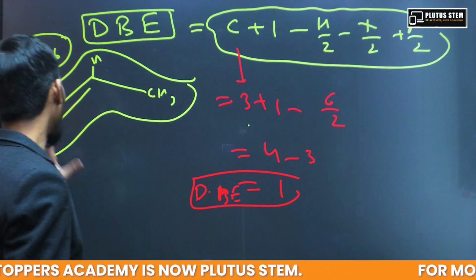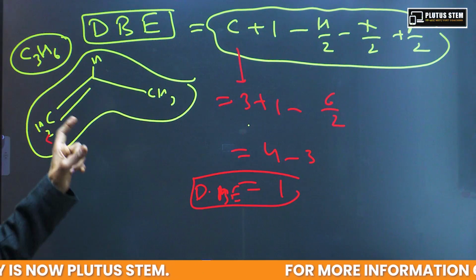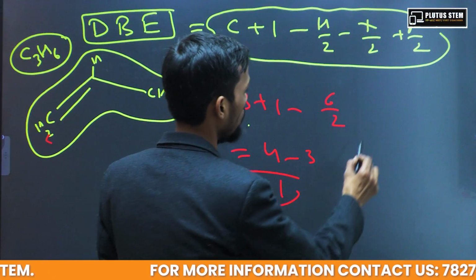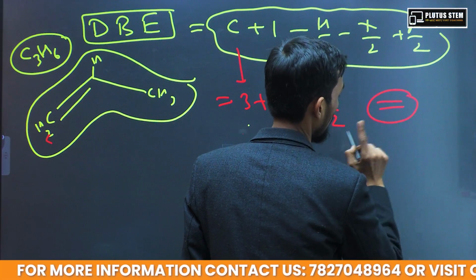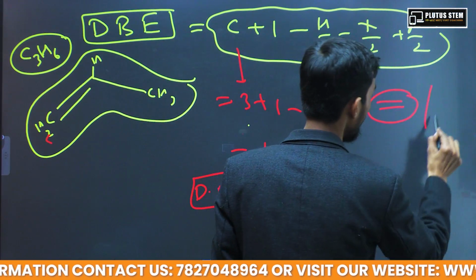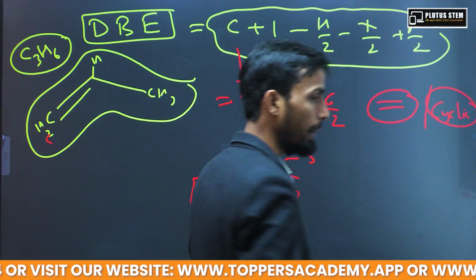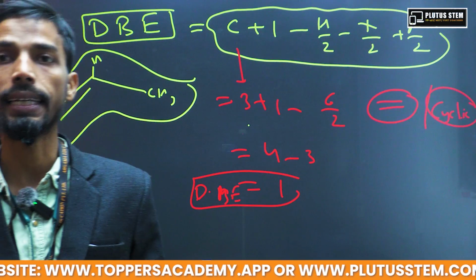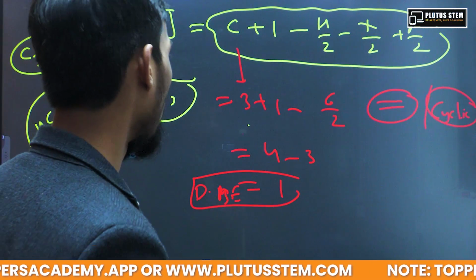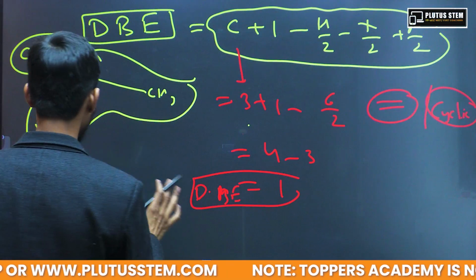DBE of C3H6 is 1, which means there needs to be either one double bond or one cyclic chain. The possibility is either one double bond or one cyclic chain.